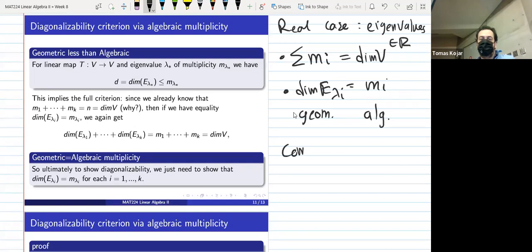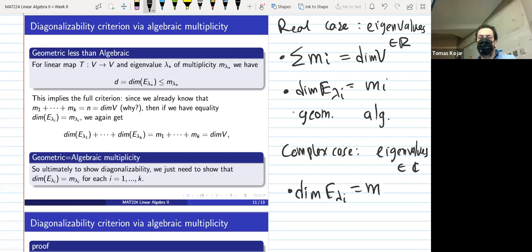In the complex case, where you allow the eigenvalues to be complex, you only need this. Can someone tell me why we get the first one for free?